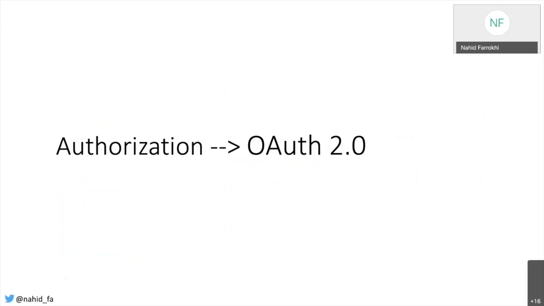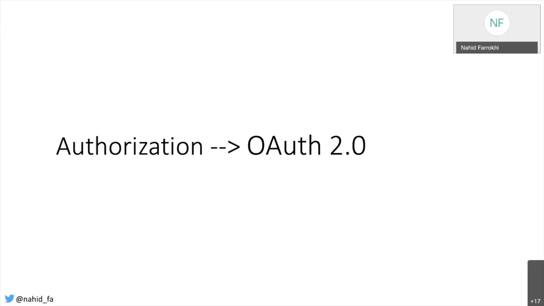OAuth is a delegation protocol, which means someone who controls a resource allows a software application to access that resource on their behalf without impersonating them. It means the user is letting an application access the resources on their behalf. This application requests authorization from the owner of the resource, which is the user, and receives a token to be able to access those resources.